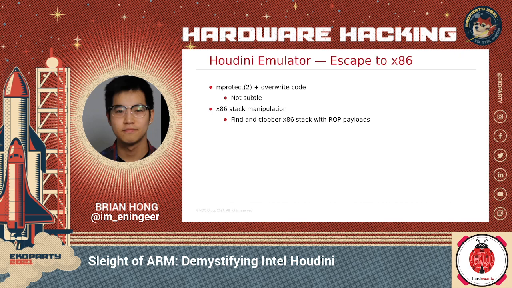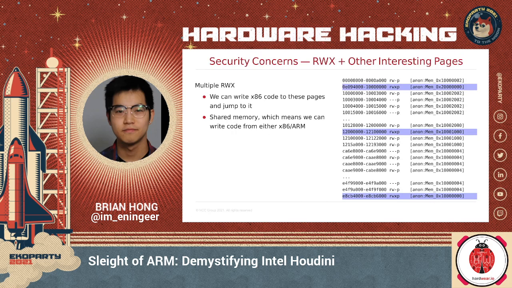But that's a lot more annoying, and I'm just going to say it: there's just a bunch of RWX pages lying around, which you could just write code to and jump to. You could write x86 instructions to them and then jump to it. Well, you wouldn't be able to jump to it from the ARM side.